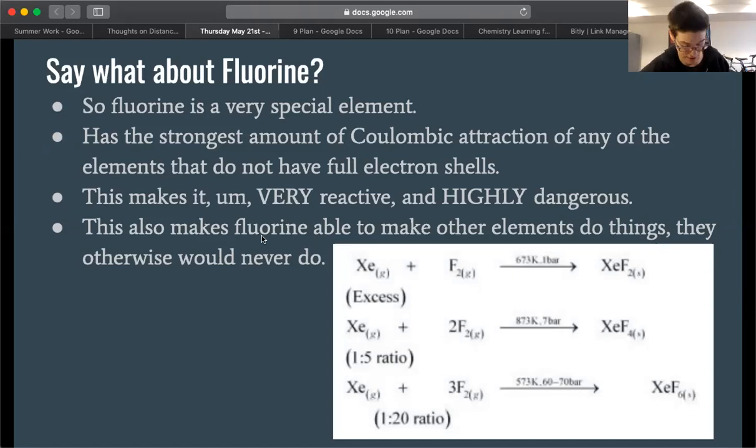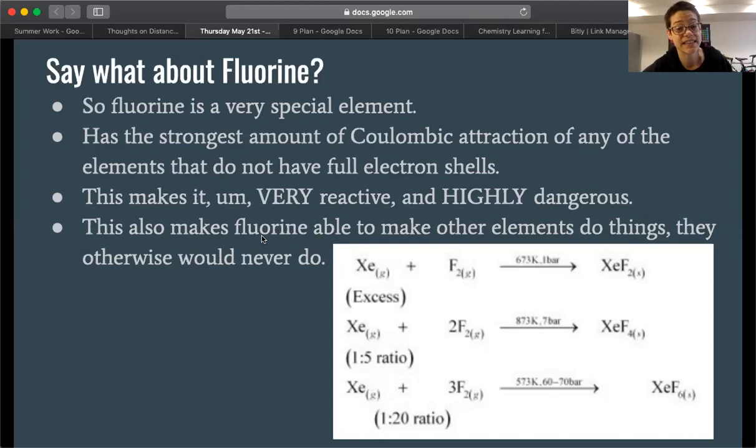So the first element this was seen with was xenon. Xenon can make 3 different compounds with fluorine, because fluorine basically has so much attraction that it can attract and force, we'll say the word force, xenon to make bonds with some of its outer valence electrons.